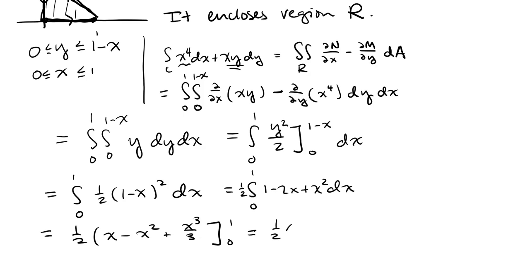We end up with 1/2 times the quantity 1 minus 1 plus 1/3, minus plugging in 0, which is just 0. So we do have that 1 minus 1, and we really just have 1/2 times 1/3, which is 1/6. A fairly simple integral once we converted it over.